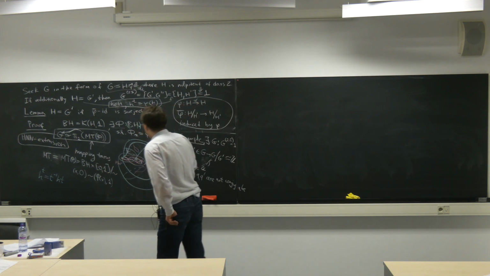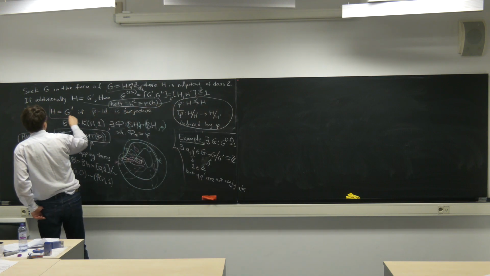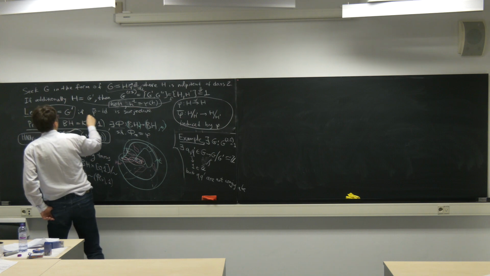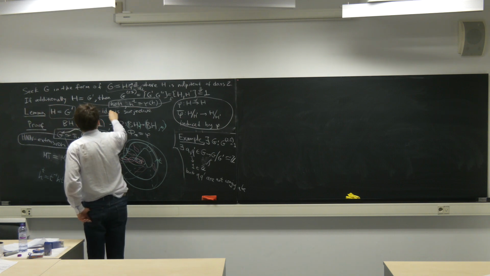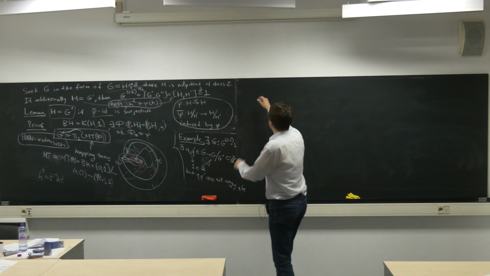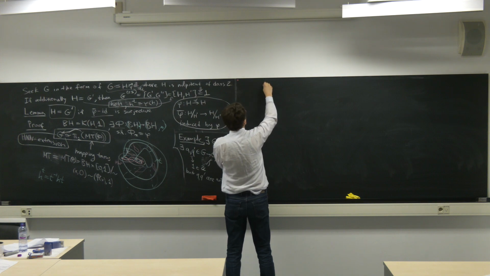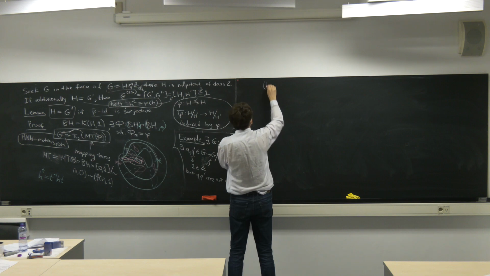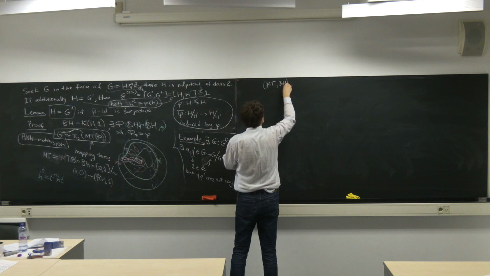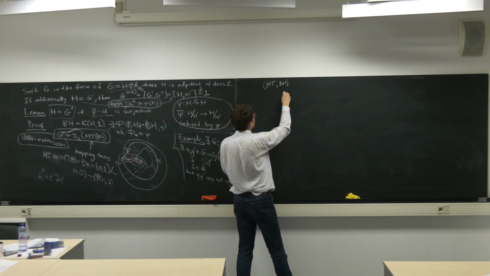Okay, so now we want to prove our lemma that H equals G prime if phi bar minus the identity is surjective. In order to prove this lemma, let us consider the long exact sequence of the pair (MT, BH) in homology.